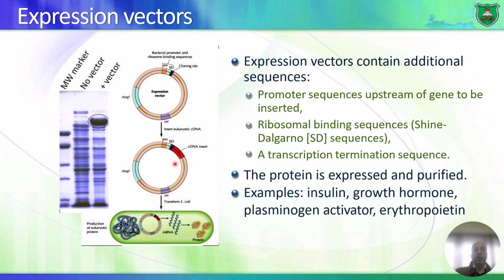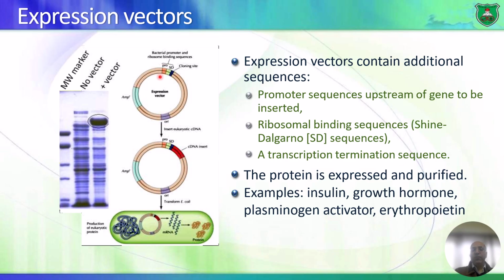So we're gonna have the human protein expressed inside bacterial cells. Now, again, cells are stupid. We can fool them. We use a bacterial promoter, by the way, not the insulin gene promoter, for example.